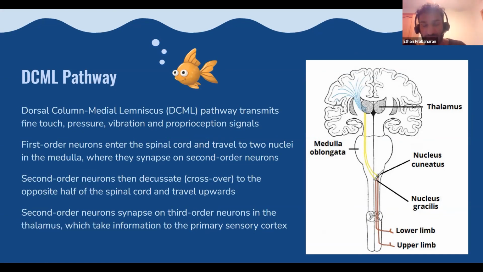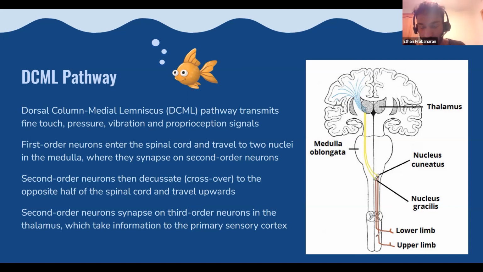Then they synapse onto second order neurons, and these switch over to the opposite side of the body. So you may have heard the left side of the brain controls the right side of the body. And this is relevant to that, right? So any signals from the right will switch over, which is called decussating, to the left side of the body.